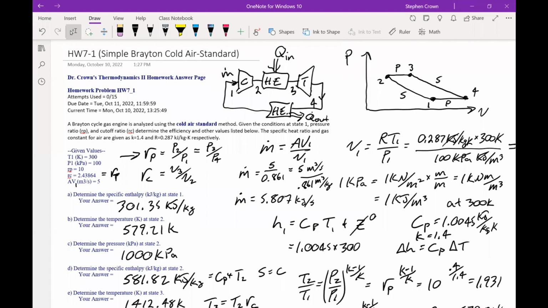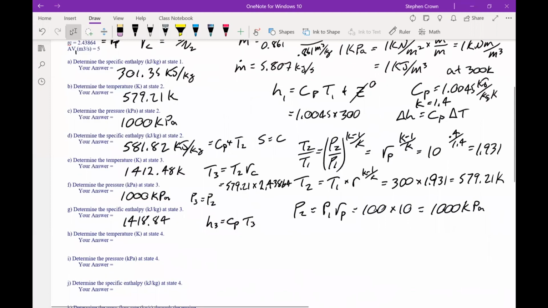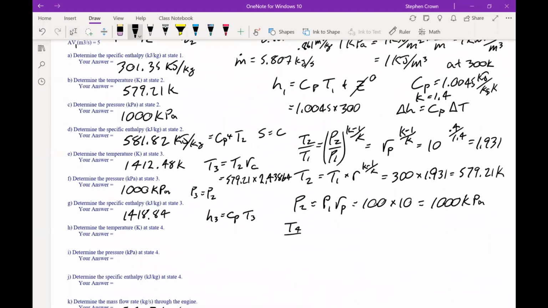So I can write that as T4 over T3 equals P4 over P3 to the K minus 1 over K. And in this case, this is equal to 1 over RP to the K minus 1 over K. And so finally I have T4 equals T3 divided by RP to the K minus 1 over K.